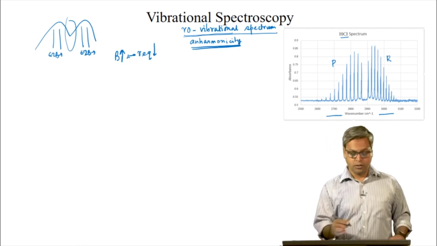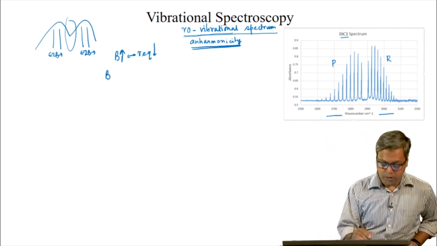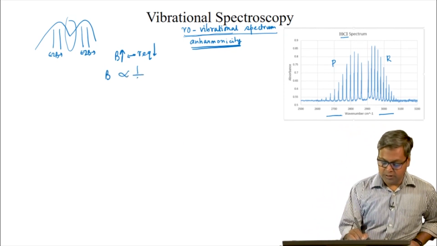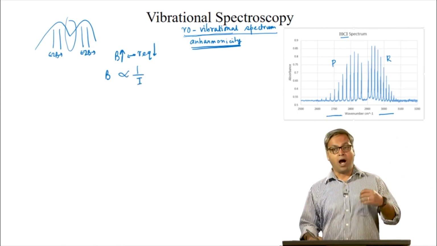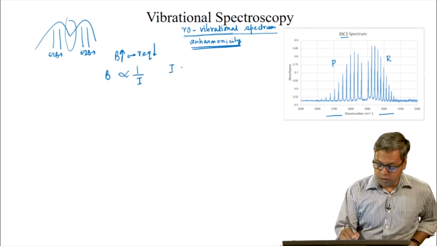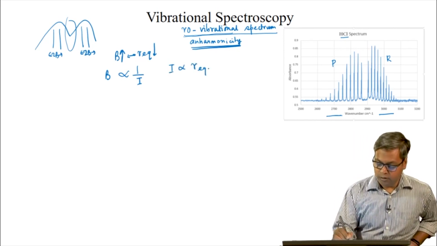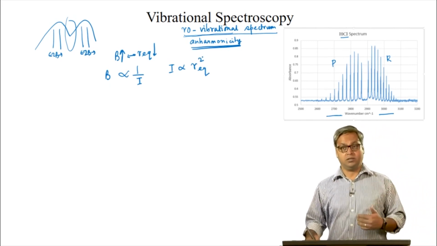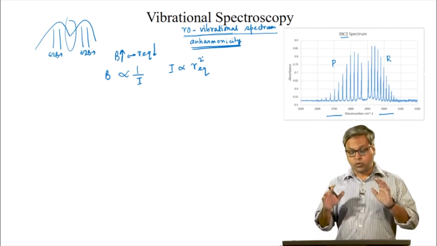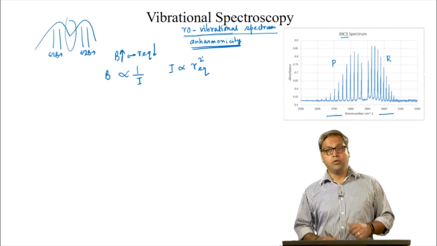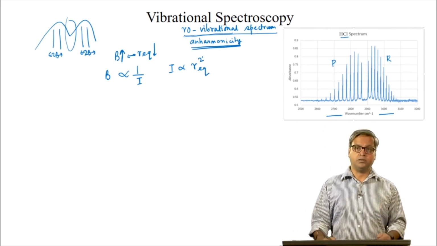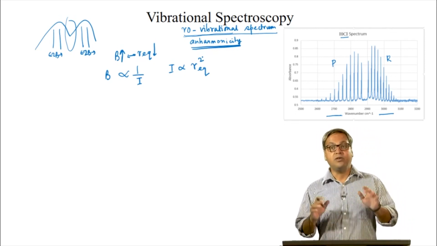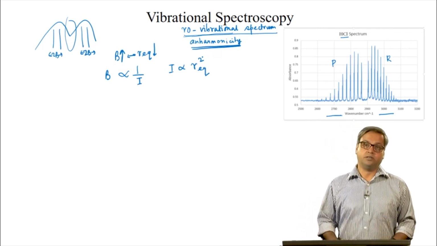This is because the rotational constant B is inversely proportional to the moment of inertia I, and I in turn is proportional to the square of the average bond length. So, the rotational constant is inversely proportional to the square of the bond length. We can see that the rotational constant for a molecule in the V equals 1 state is smaller than the rotational constant in the V equals 0 state.